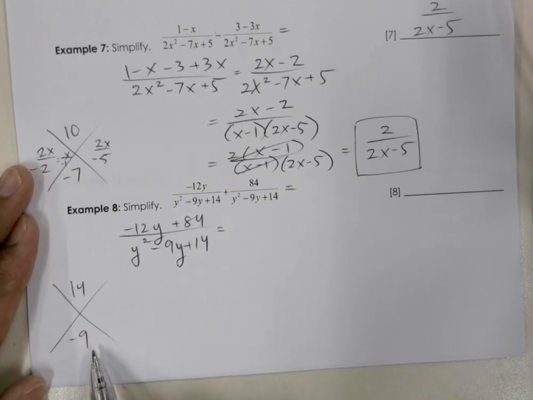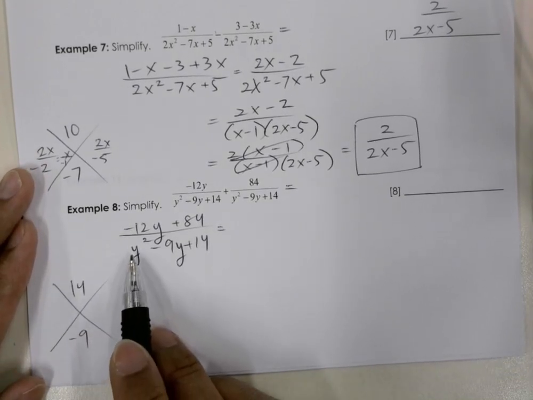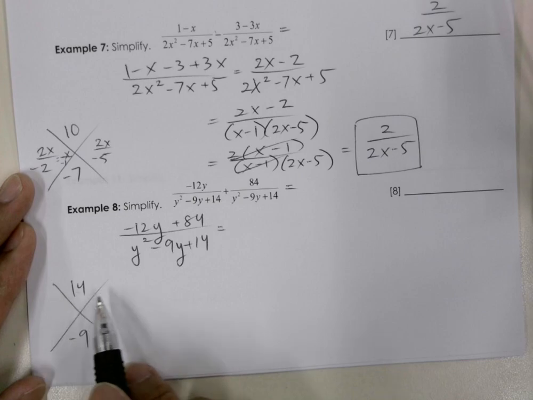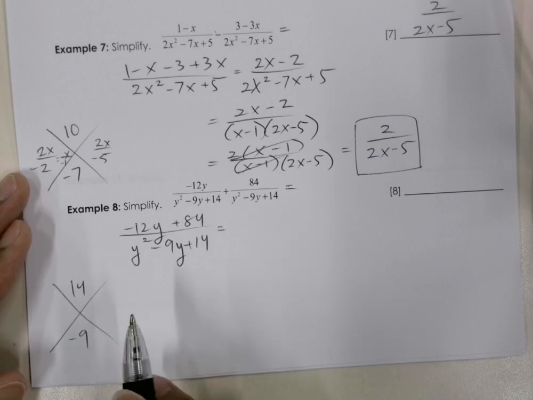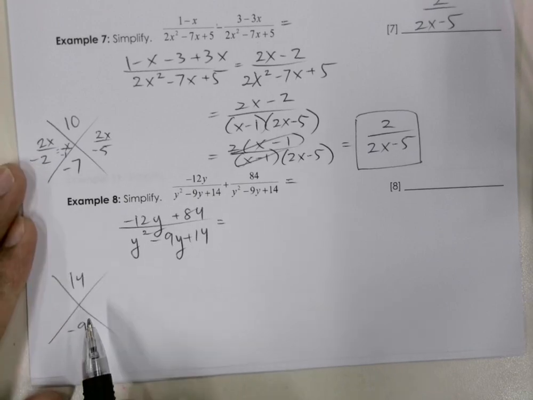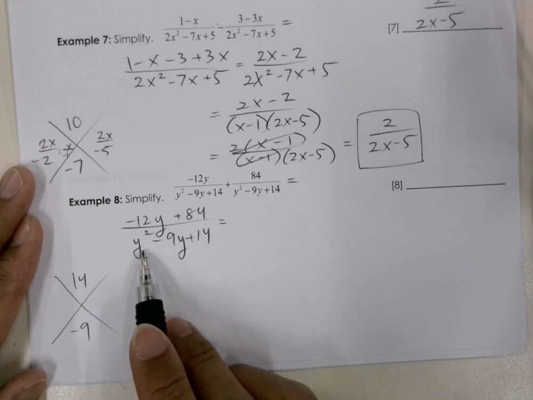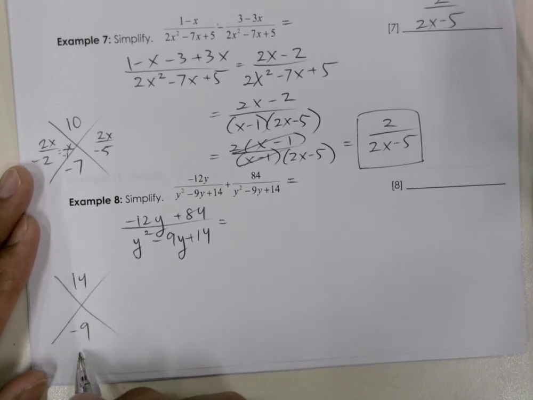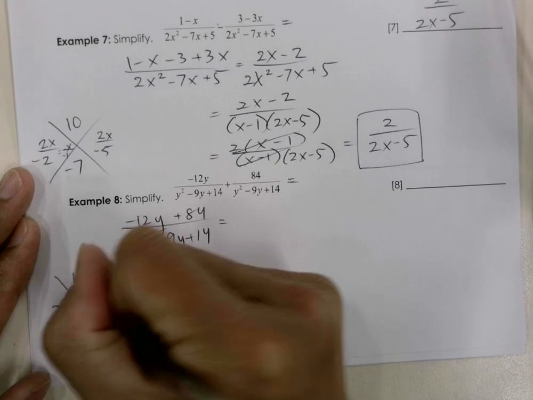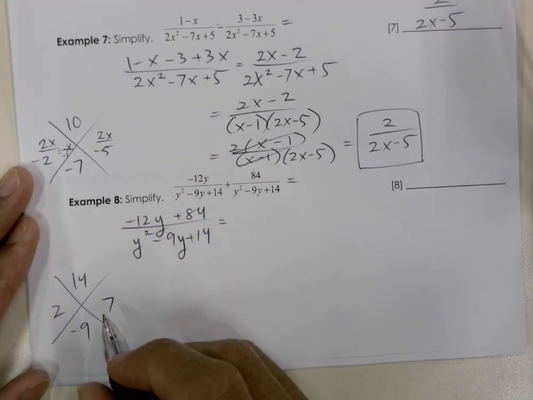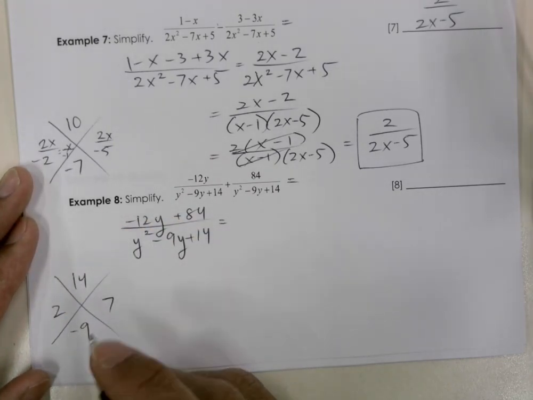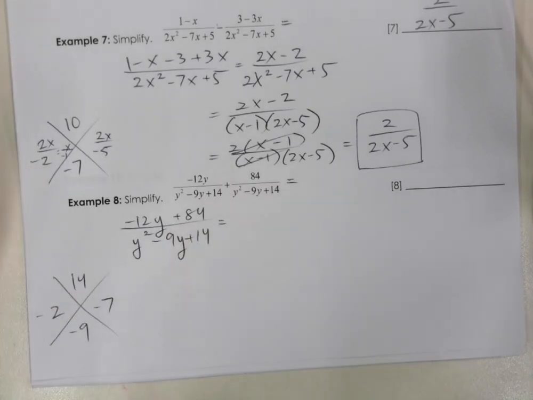So 1 times 14 doesn't work. Oh, and there's a 1 in front of the y squared, so we don't need to put that in our factors, right? So two numbers, 2 times 7, that adds up to negative 9. They need to multiply to positive 14 and add to negative 9, so it's negative.